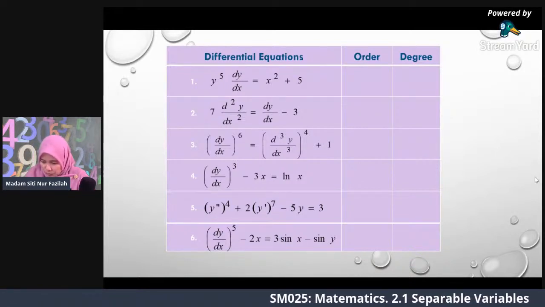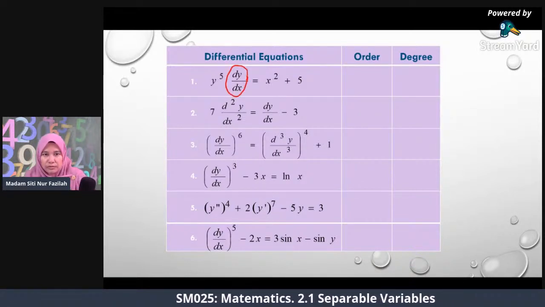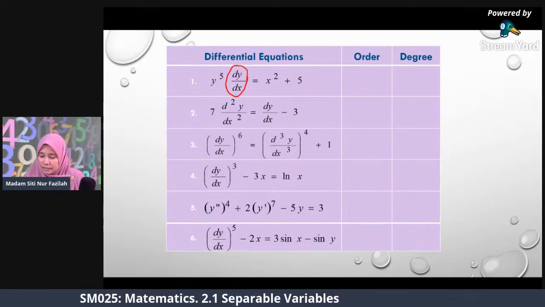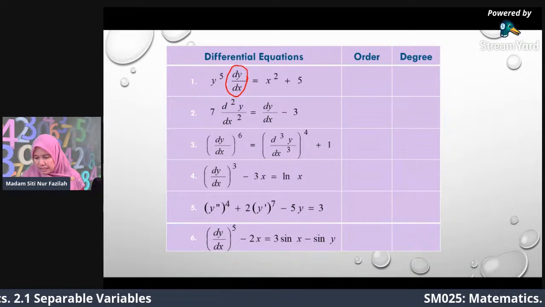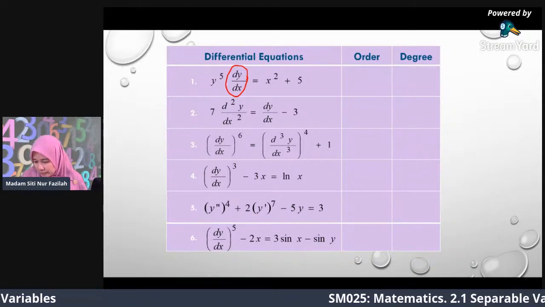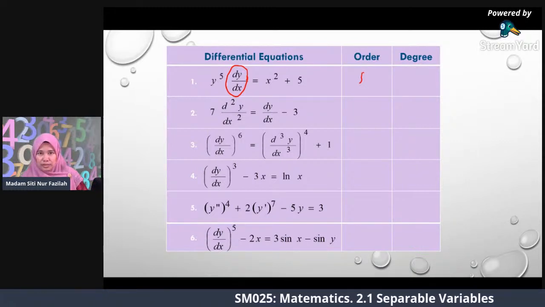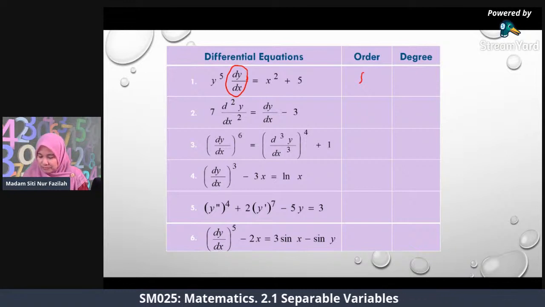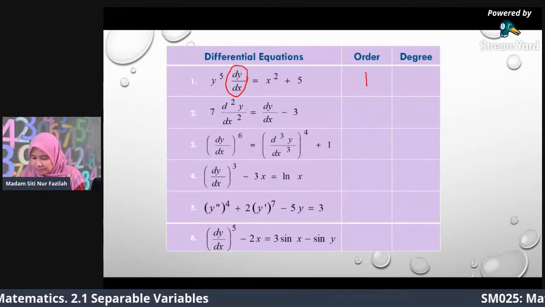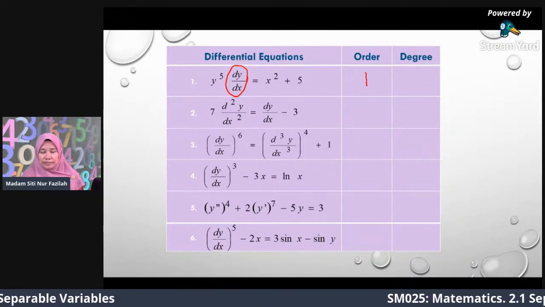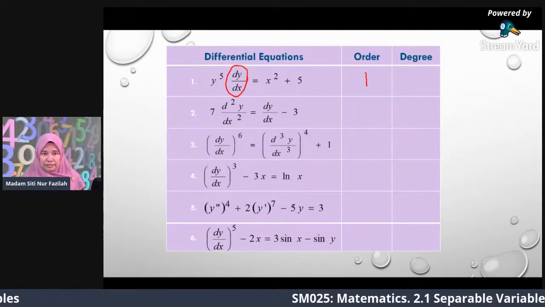We only have one derivative here, dy over dx. That means the order is 1, because of the first derivative.